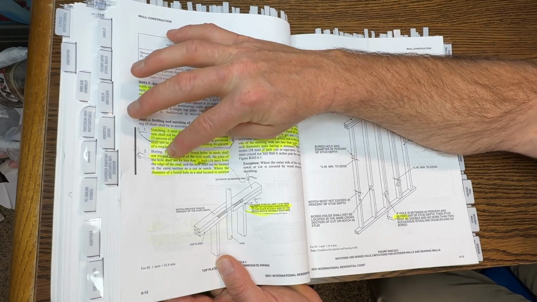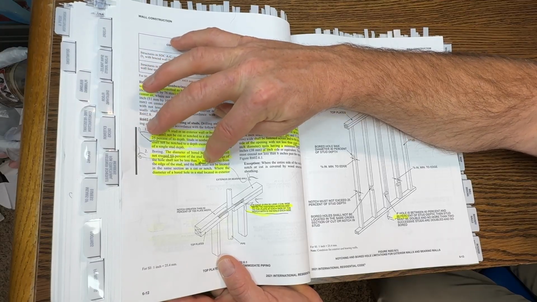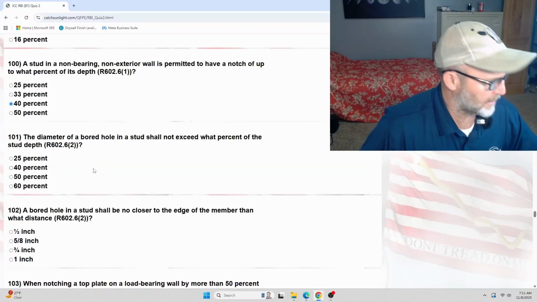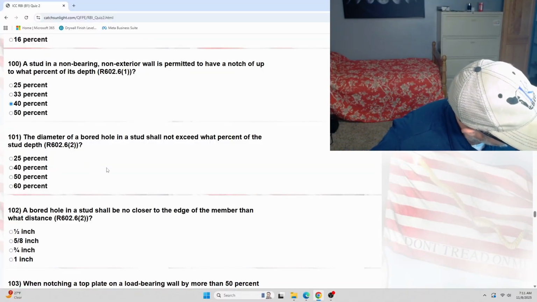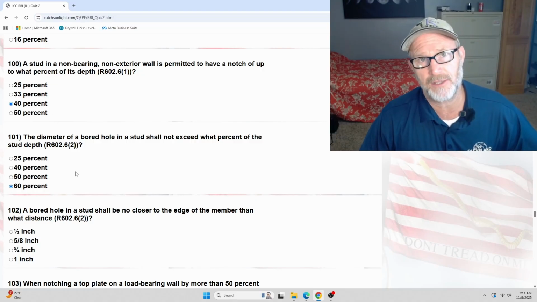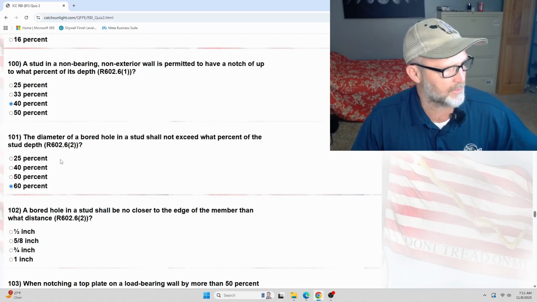And I'll read the next one because it covers the next problem. It also shall not be less than 5/8 inch from the edge of the stud. So the percentage here is 60%. You can't have a hole more than 60% of the size of your stud. Picture a 2x4 with a 2-inch piece of ABS going through it. That would be just at the threshold if you run the numbers.